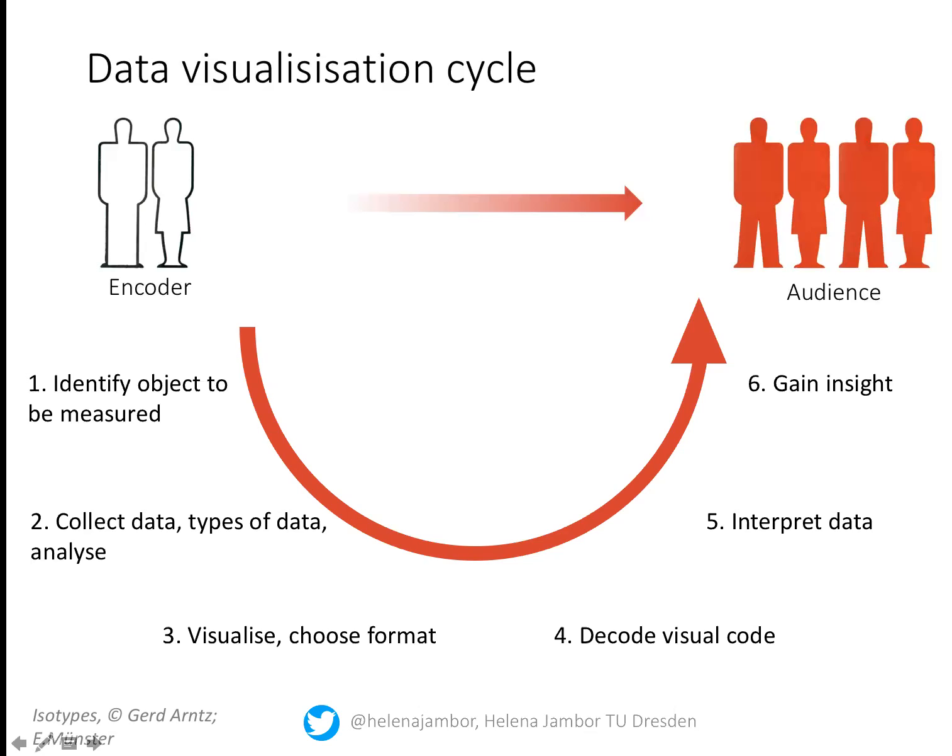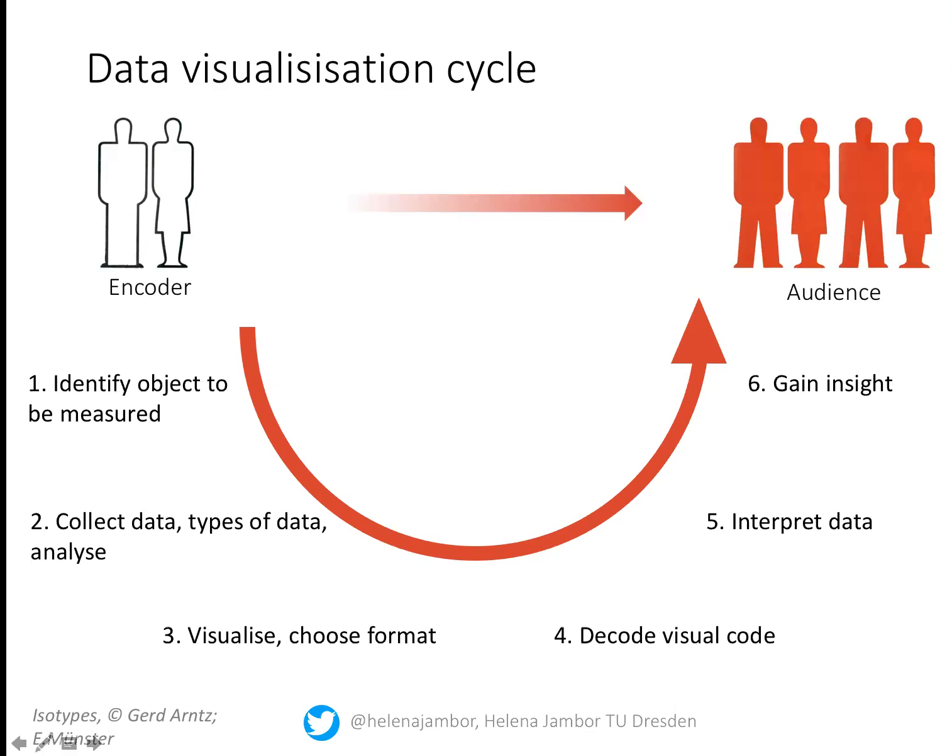The audience has to decode the visualization, and for that it needs to understand the visual code used. So you have to start thinking about whether that's possible in the audience that you are targeting with your visualization. Once the audience is able to decode the visual code, it hopefully then reaches a step to interpret the data.